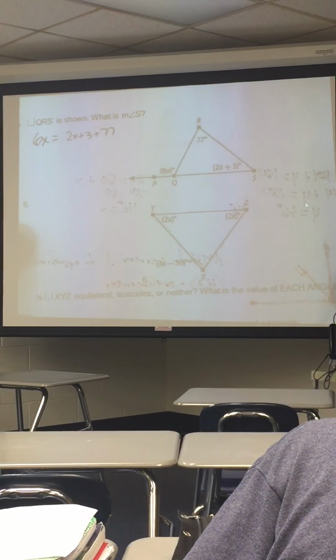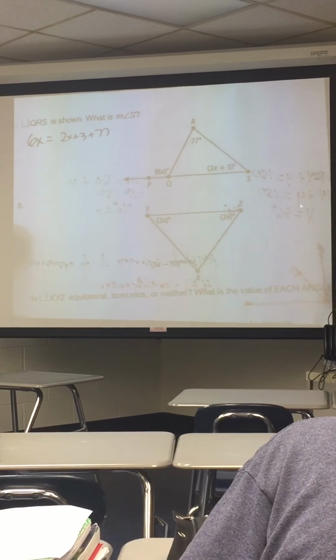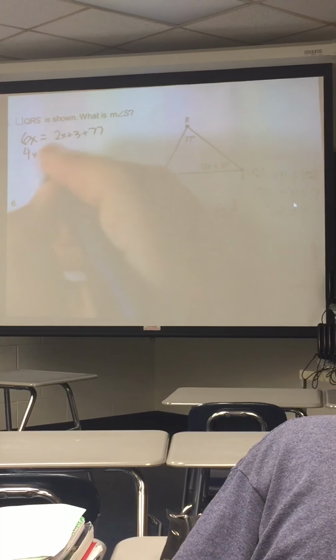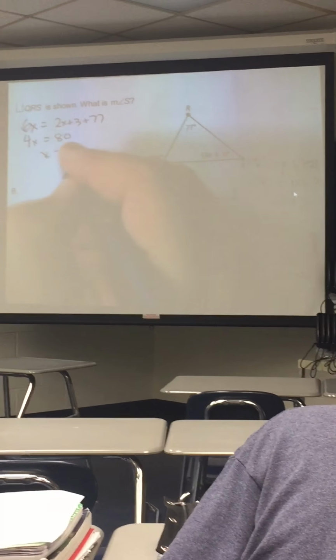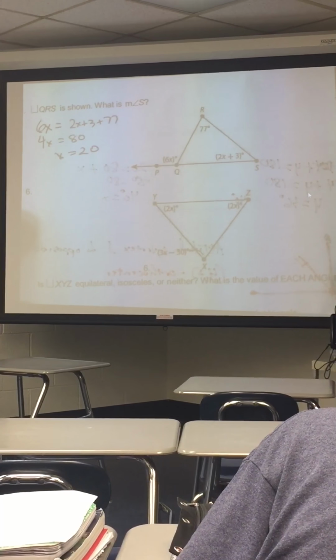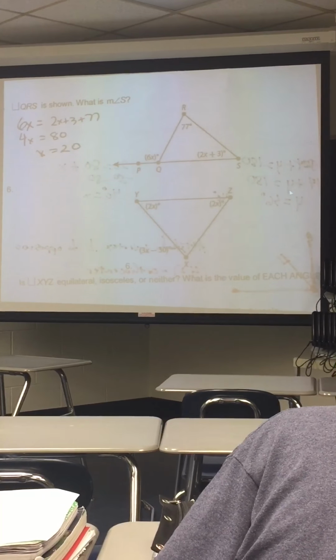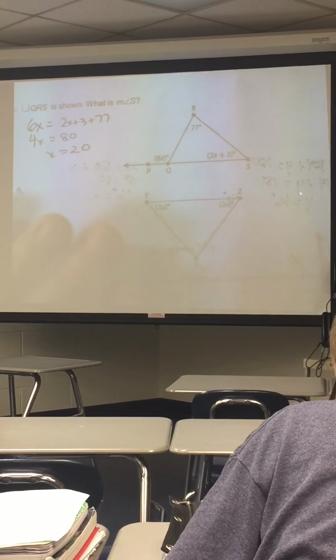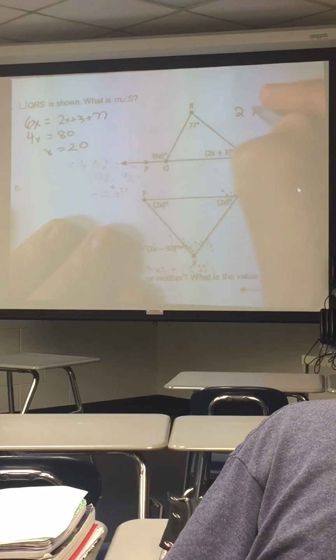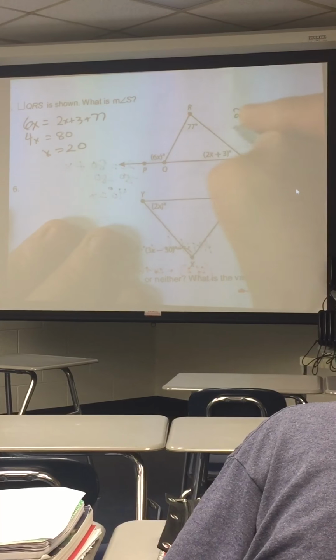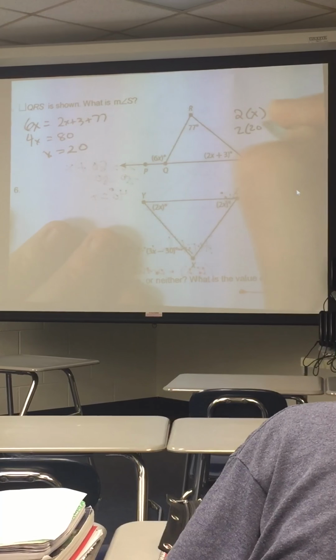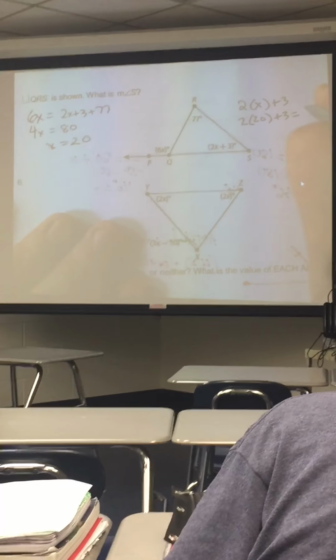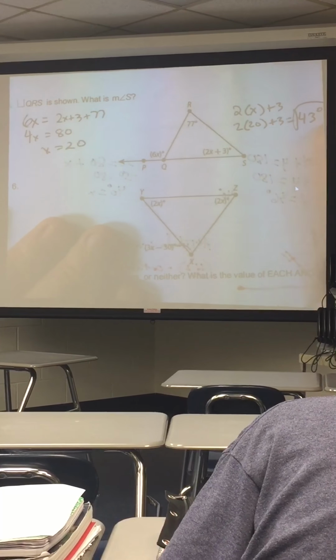That's our equation that we needed. And so 4x is equal to 80, and x is equal to 20. That wasn't again what they're asking for. We plug that in for x, and we end up with 43 degrees.